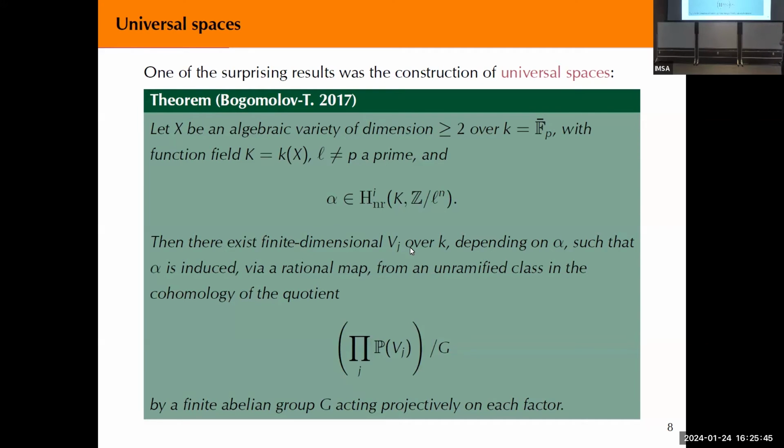Acting projectively means you projectivize a representation of a central extension of G. And then on the projective space you have an actual abelian group action. It's kind of unbelievable. What does it mean, universal spaces? Always, you want to understand a family of varieties, curves, there's a moduli space, and it's just the map classifying them. This is how we think about universal spaces. Any individual unramified homology class is pulled back from these universal model varieties.